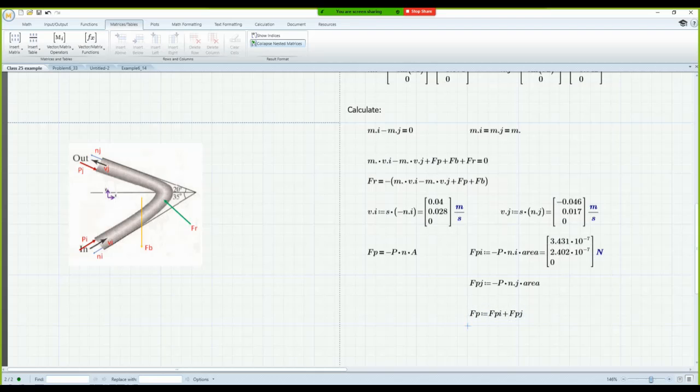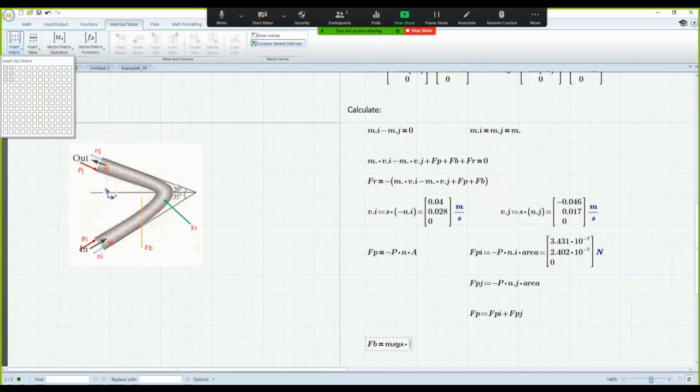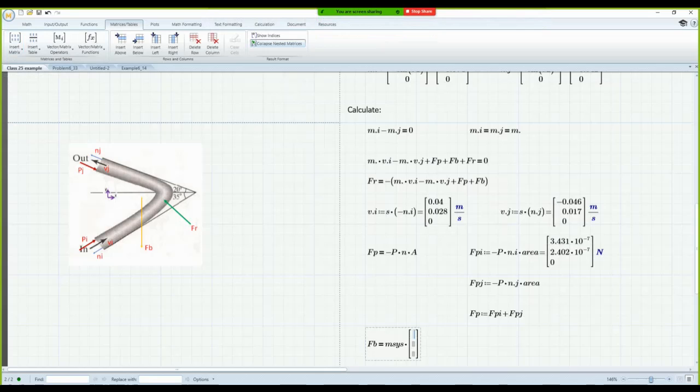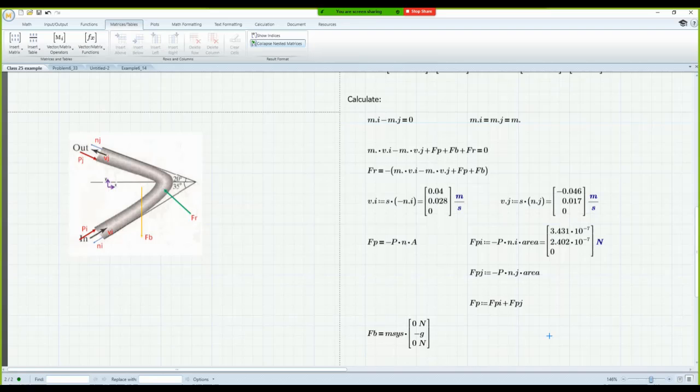Now, we need the body force. So the body force is going to be equal to the mass of the system times gravity. And in this case, it needs to be the vector of gravity, which is 0 newtons in the x direction, minus g in the y direction, and 0 in the z direction, where g, you'll notice, is equal to 9.8 meters per second squared.